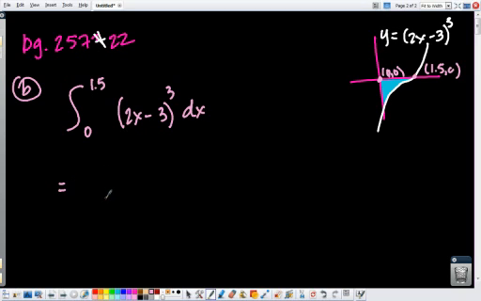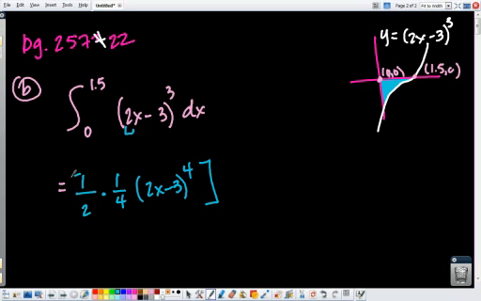Alright, so we are going to use our little rule for integration here. What we're going to do is say 1 divided by our a value, which is 2, times the integral of the outside, which is 1/4, times (2x - 3)^4.